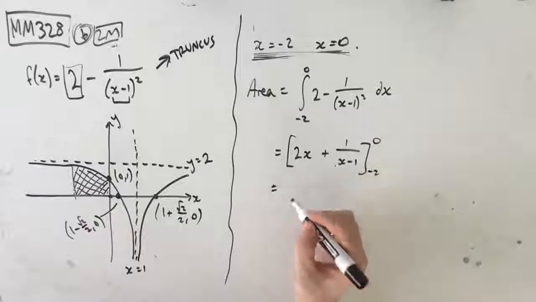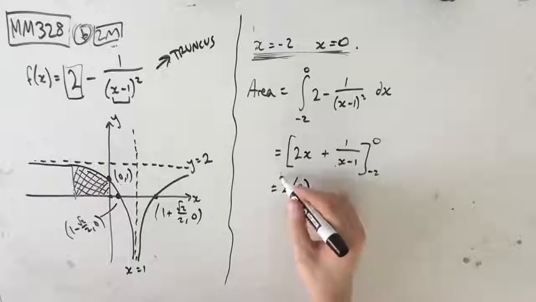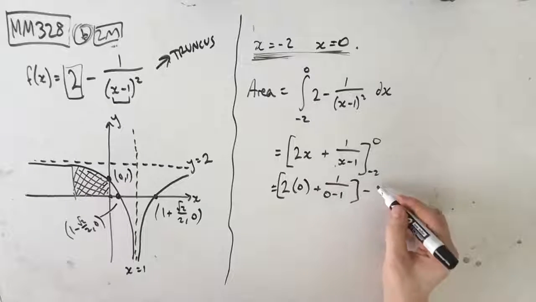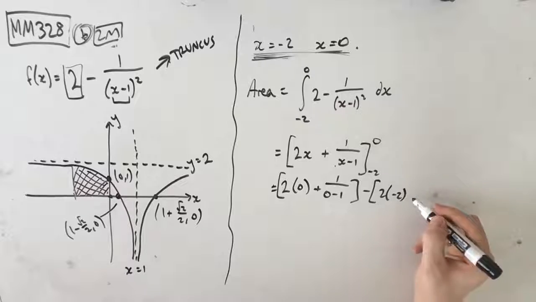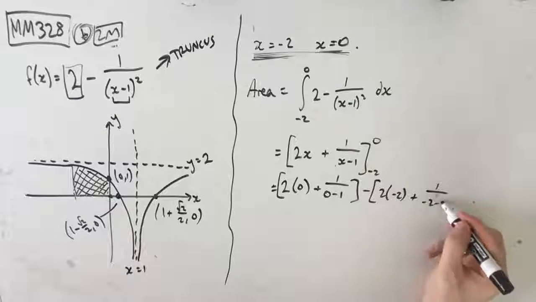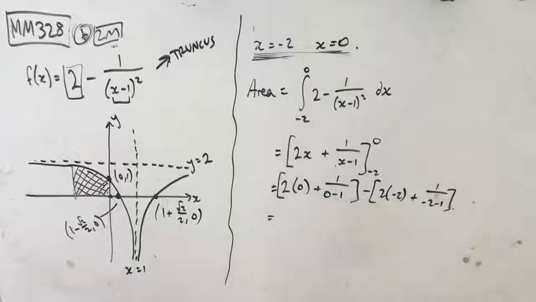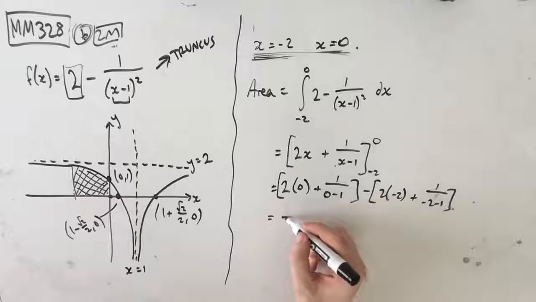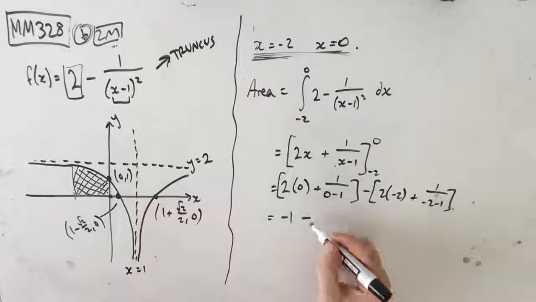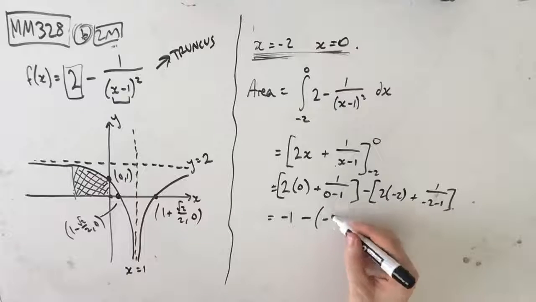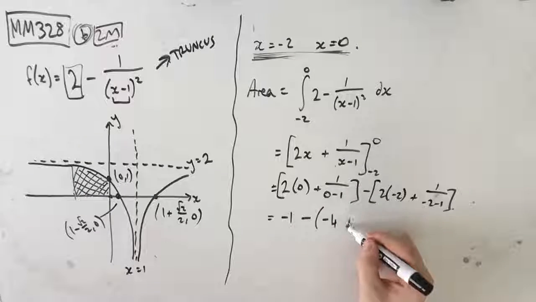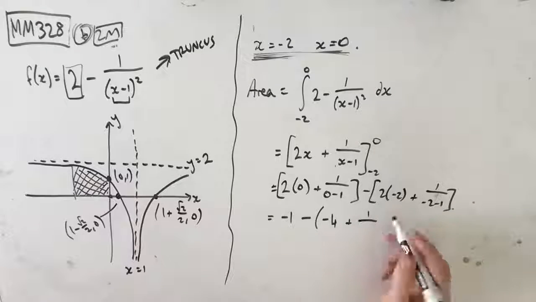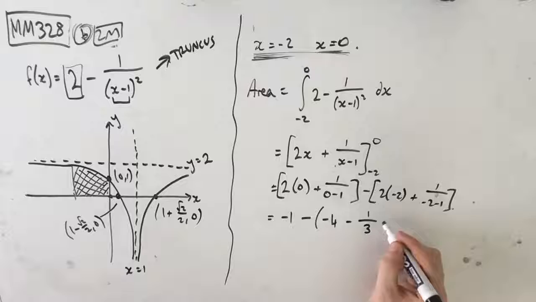Sweet. So what we get is 2 times 0 plus 1 over 0 take 1, minus 2 times -2 plus 1 over -2 take 1. Sweet. 2 times 0 is 0, plus 1 over -1, which is -1, minus 2 times -2 is -4, and then we're plussing 1 over -3, or -1 on 3, so take away -1 on 3.